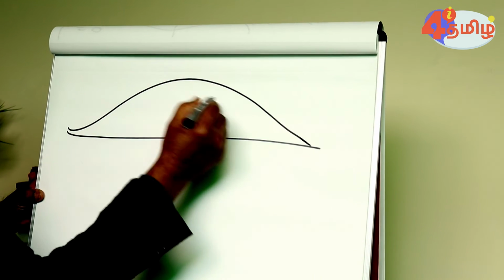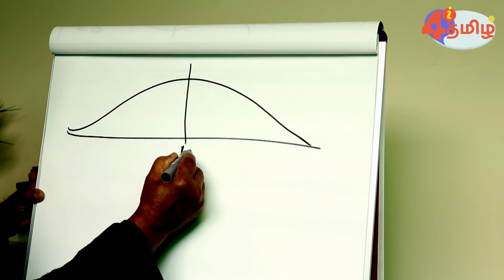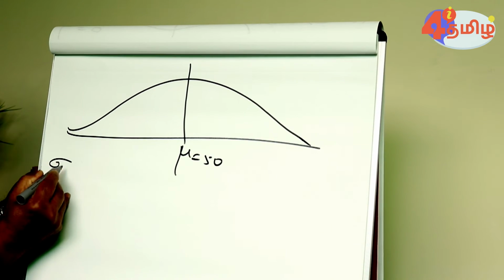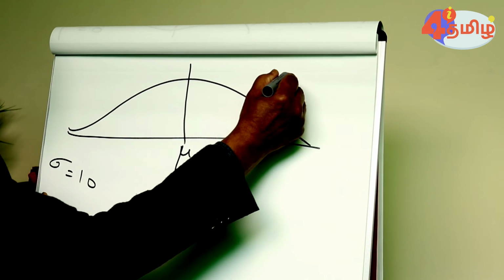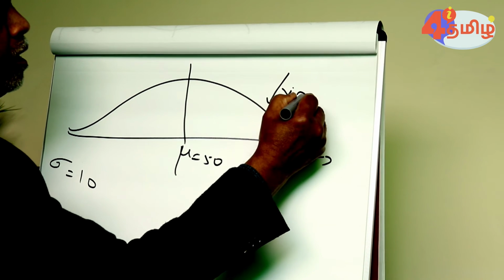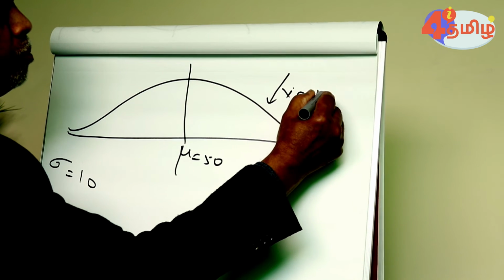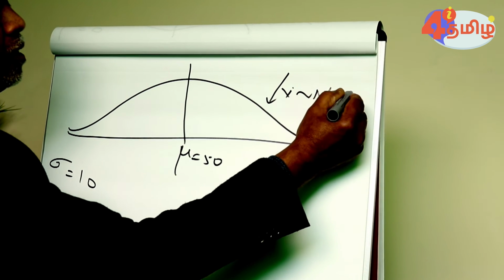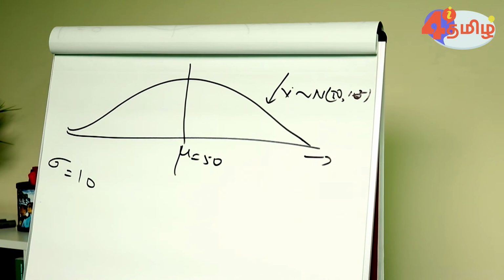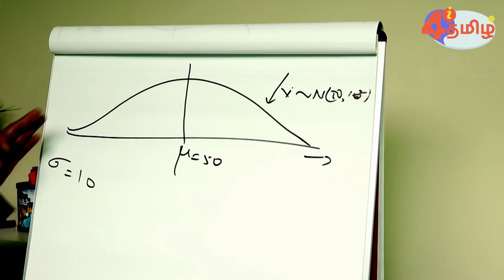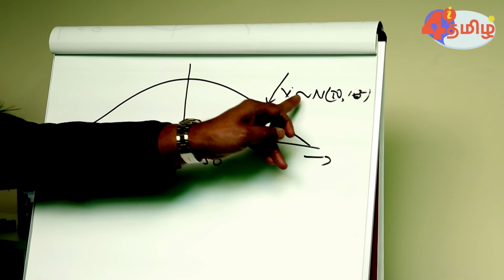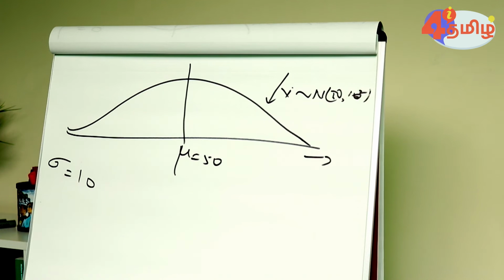The same perfect bell shape. I'll still stick with mu is 50, standard deviation 10, and you can write it as x corresponds to normal distribution, 50, 10 squared. As soon as you say that, we know mu is 50, standard deviation is 10, and this is a normal distribution we are talking about.